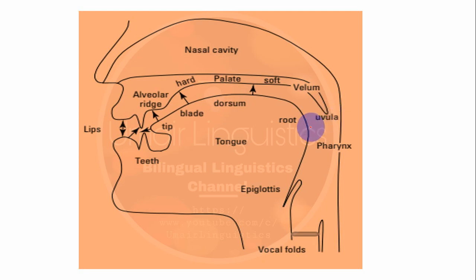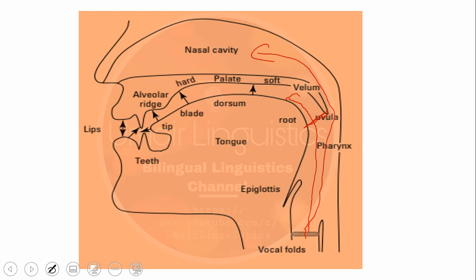When it is lowered here, the air which is coming from here will be unable to pass from here, but that air will pass through the nasal cavity, and in this way we produce nasal sounds like m, n.